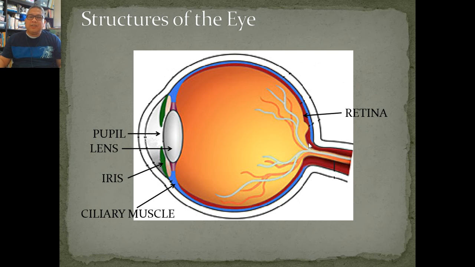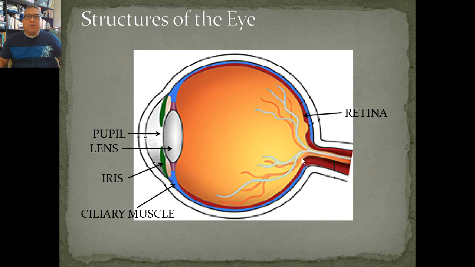Now you will notice here, there's no retina in this part, and that's the reason why you have this certain part that they call the blind spot. I was told that you can just focus on one thing, then move your fingers, and eventually your fingers will disappear.